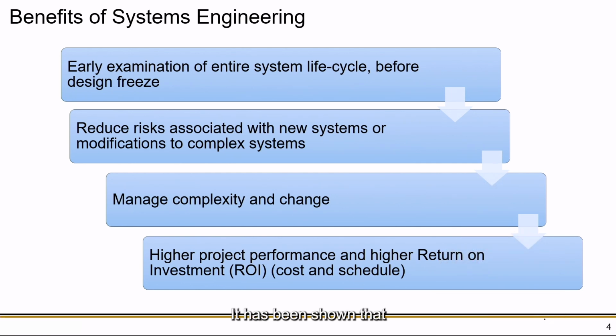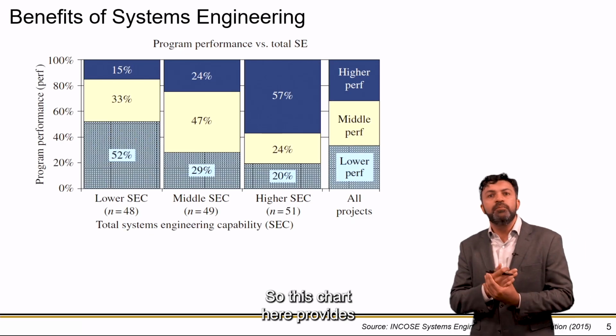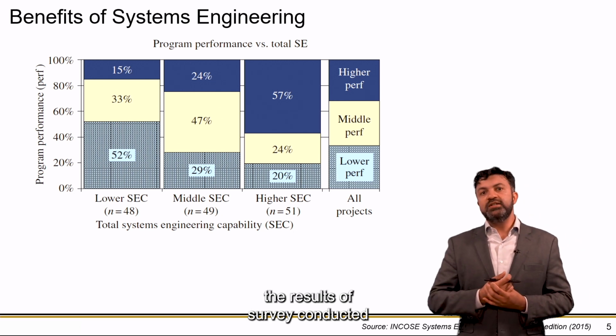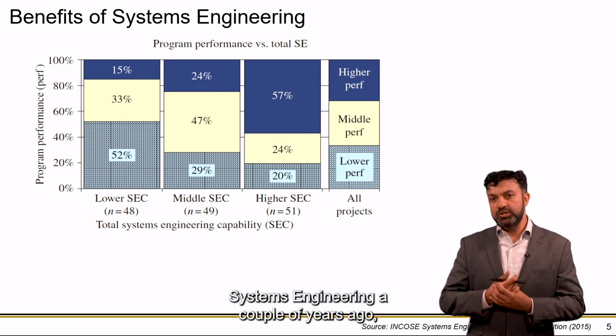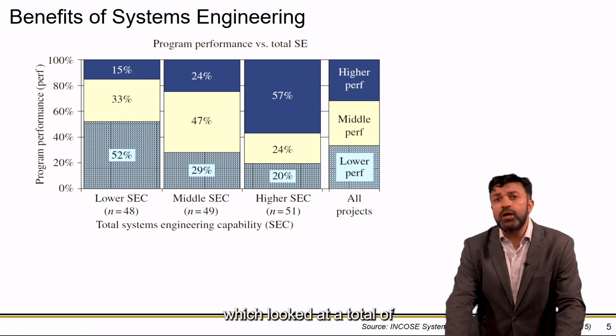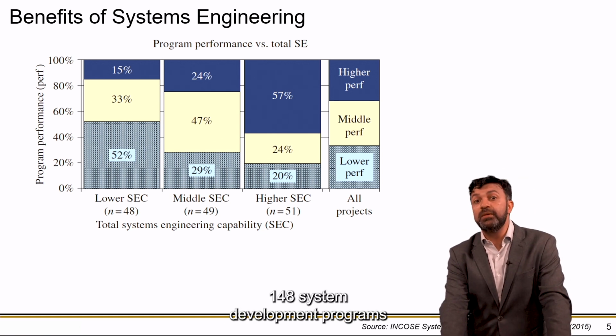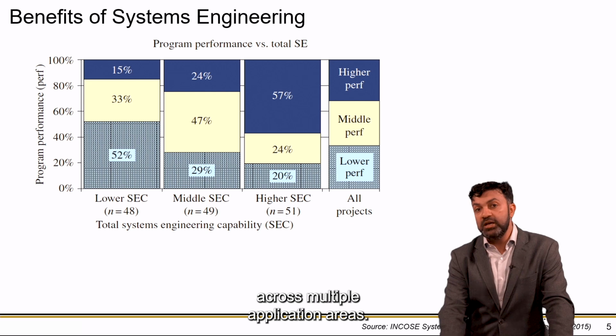It has been shown that systems engineering leads to higher project performance and higher return on investments, or ROIs. This chart here provides the results of a survey conducted by the International Council on Systems Engineering a couple of years ago, which looked at a total of 148 system development programs across multiple application areas.